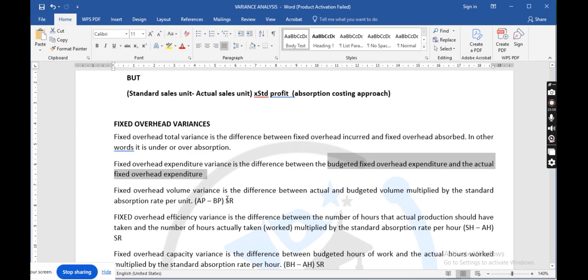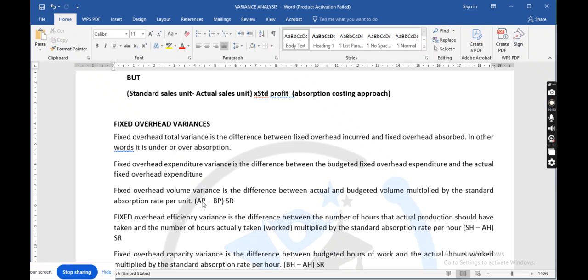Now, under the fixed volume variance, don't forget it is volume. You multiply by the standard overhead absorption rate, which is OAR. You will see it in the question. We'll get there. So this is volume, class. If you want to determine the volume, it will be actual minus the budgeted.